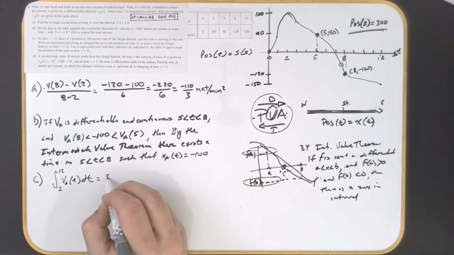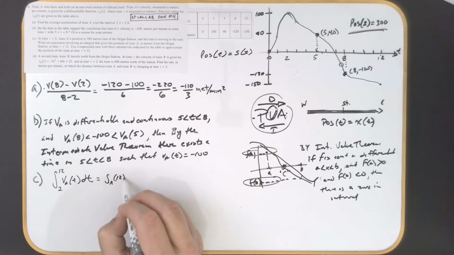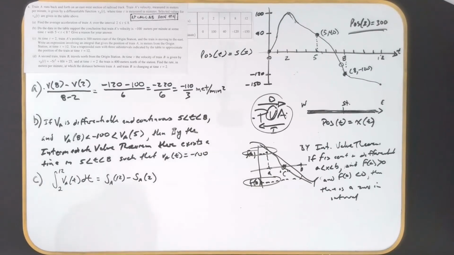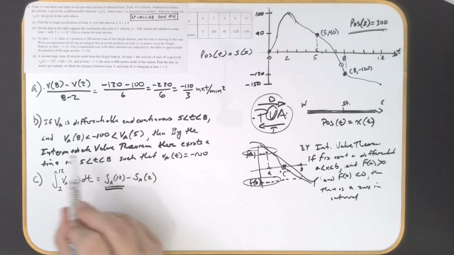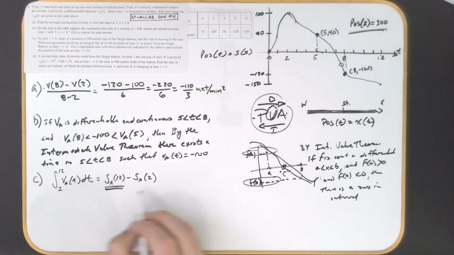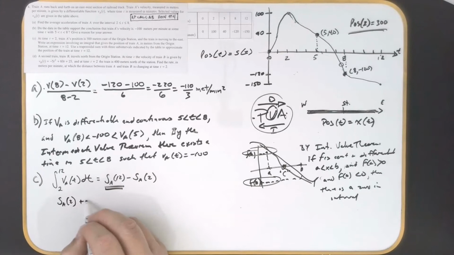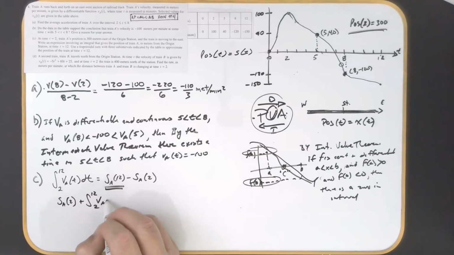So this is going to equal S, the position of the train at 12, minus the position of the train at 2. Okay, now this is what they want. They want the position of the train at 12. That's what we're solving for. So I'm going to take the initial position and add it over here. So what I get is the initial position of the train plus the integral from 2 to 12 of the velocity of the train.